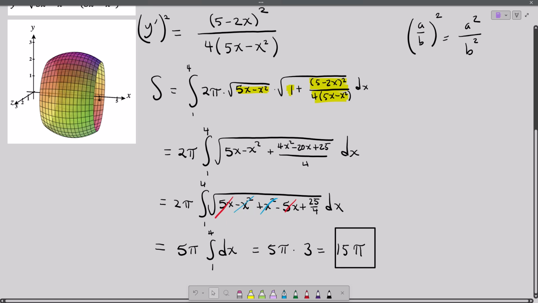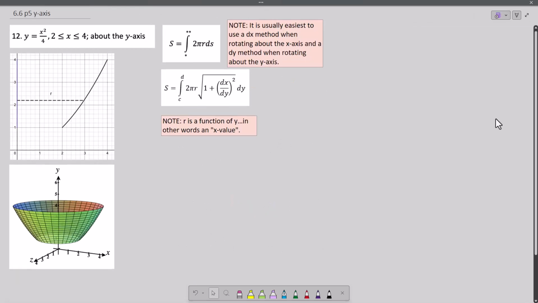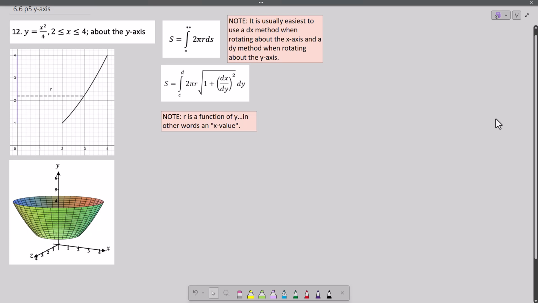Okay, so let's try another arc length thing, or surface area thing. The ones that we have just done were when our curve rotated around the x-axis. It's possible to rotate it around the y-axis. And here is a tip. When you're dealing with surface area, when the surface is built by rotation, if you're going around the x-axis, it's going to be easier to use a dx. When you're rotating around the y-axis, it's going to be easier to use a dy.